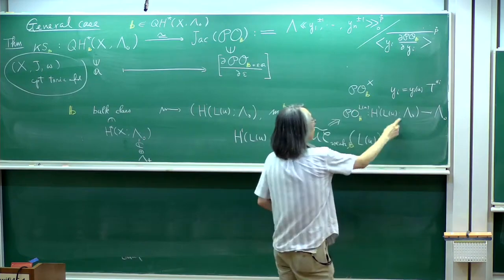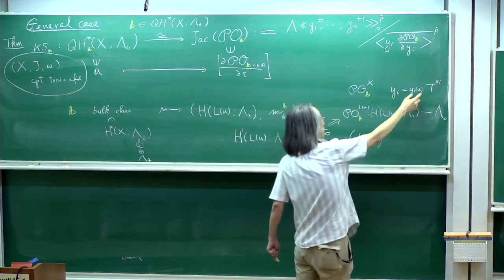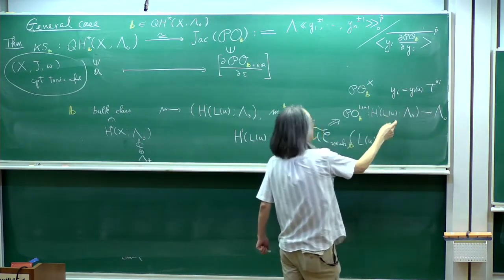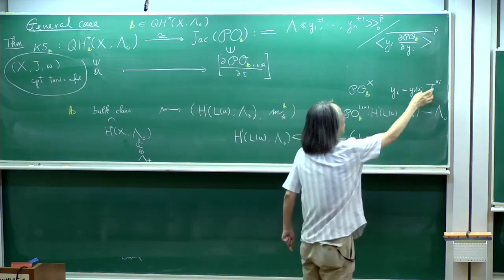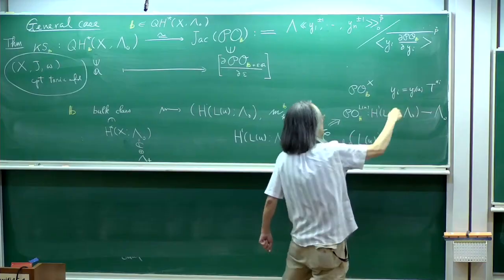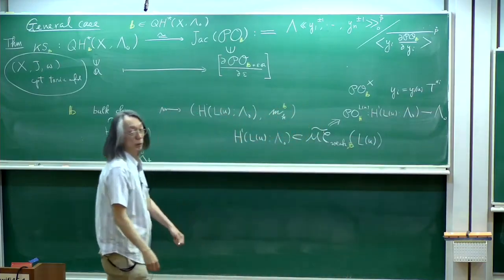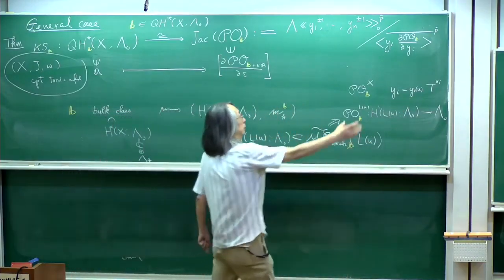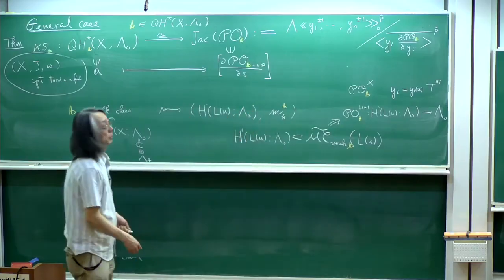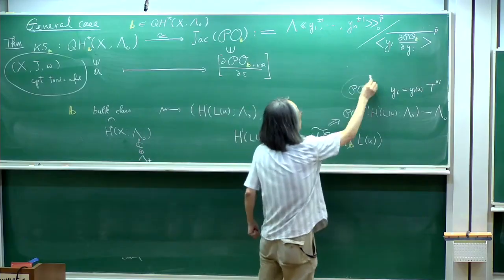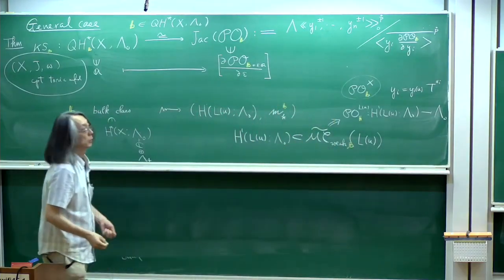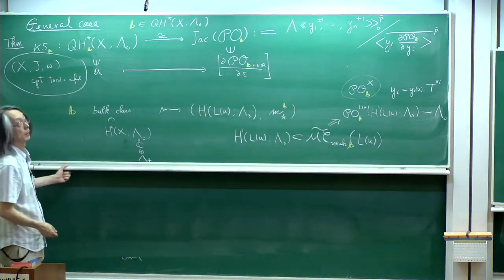So this is a function in the variables y_i(u), and then you have some expression. You just plug in this y_i in this potential function of L(u), and then you get something which doesn't depend on u. This is our bulk-deformed potential function of the toric manifold.